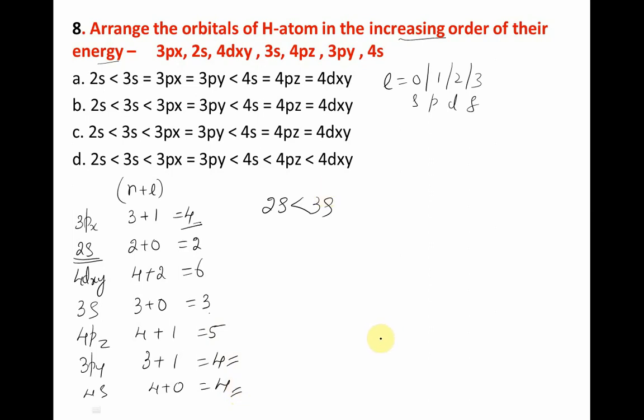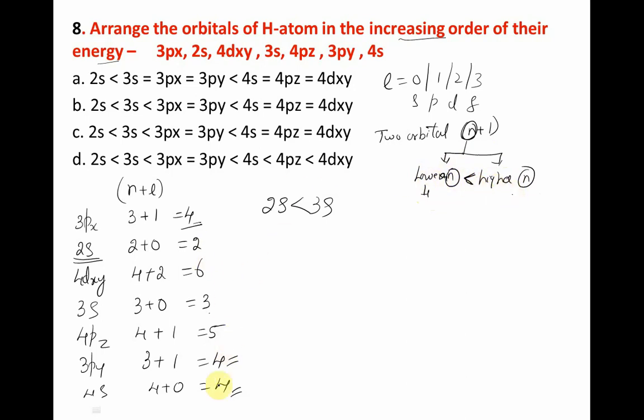In case two orbitals possess the same n plus l value, then by using the value of n I can identify which is the lower orbital and higher orbital. Higher n value means high energy, lower n value means low energy.